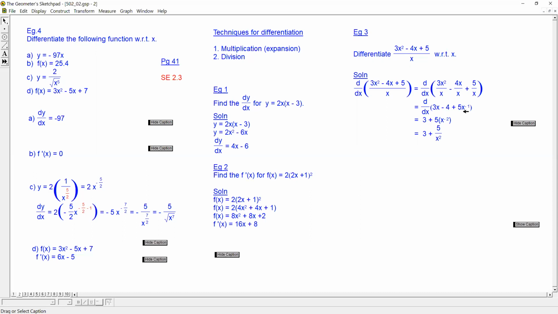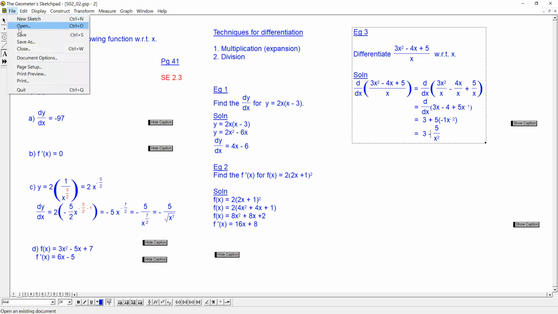Then you have to bring down the negative 1. Sorry, mistake here. This one is negative 1. You bring down negative 1, then the power of x less by 1 becomes negative 2. So negative 1 times 5 is negative 5 over x squared.